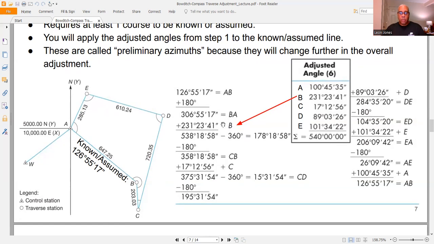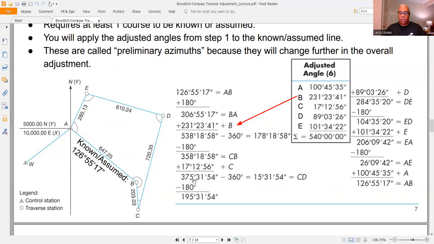Then from your back azimuth, you're going to add your internal angle of point B. Then you're going to get 538, 18, 58, subtract 360. And then you're going to get 178, 18, 58, subtract 180. This is going to give you your back azimuth of CB. You're going to add your internal angle, 17, 12, 56.